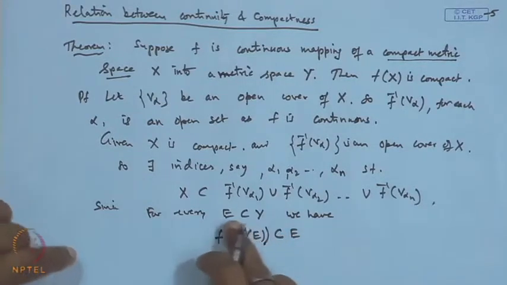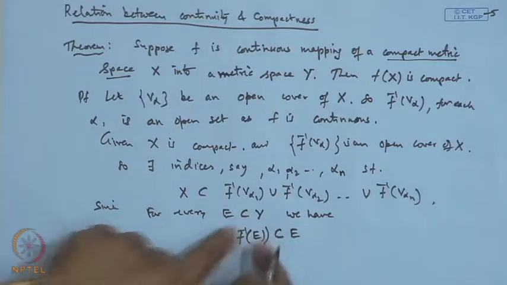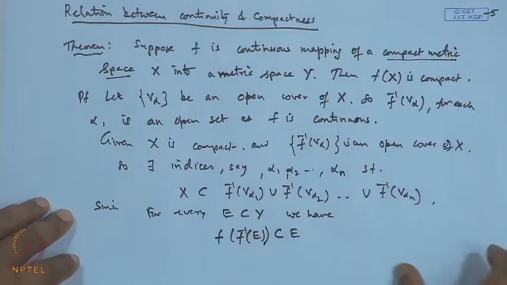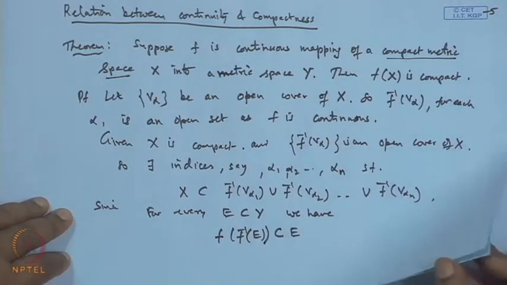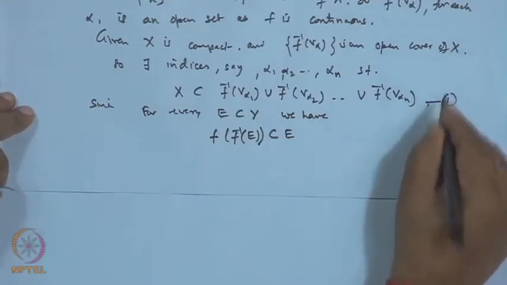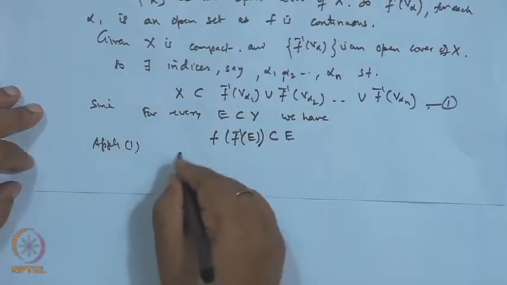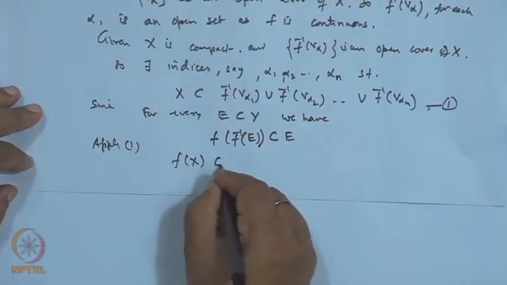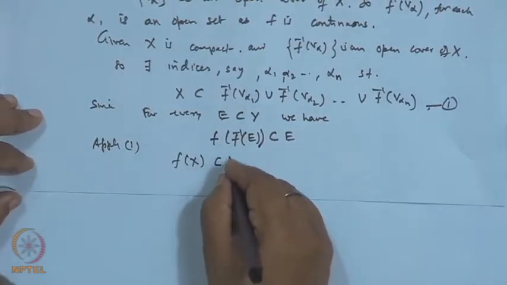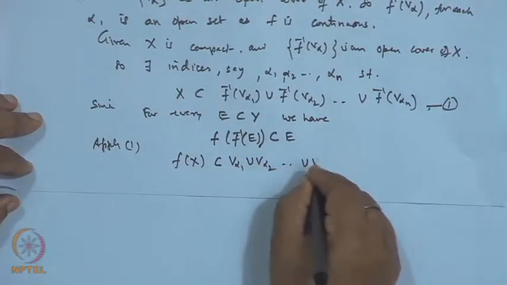If E is a subset of X, this may not be true, it is the opposite direction, but this is true when E is a subset of Y. Then applying this on the union, what we get? f of X is contained in V alpha 1 union V alpha 2 union up to V alpha n.